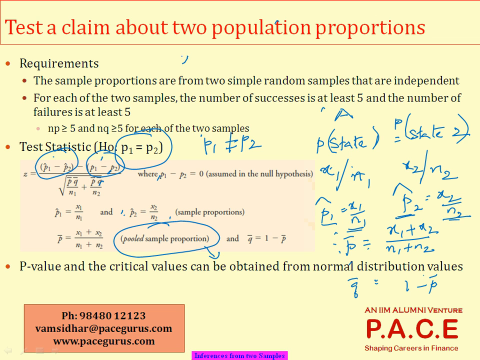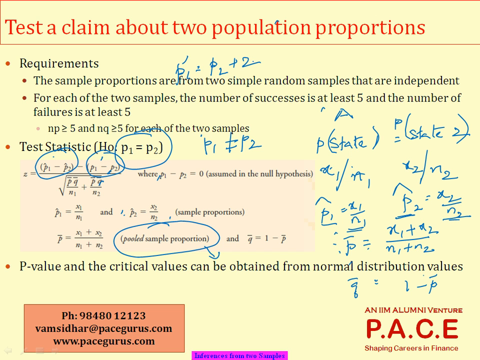But in some cases we may also make the hypothesis P1 equal to P2 plus 2, which means this particular party in state A will get 2% more of the votes than in state B. If that is the kind of hypothesis I have to look at, then P1 minus P2 will become 2. So depending on the claim I am making, I will frame my null hypothesis accordingly.